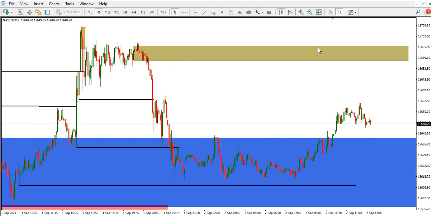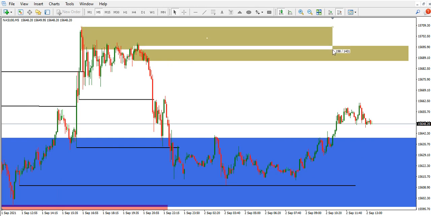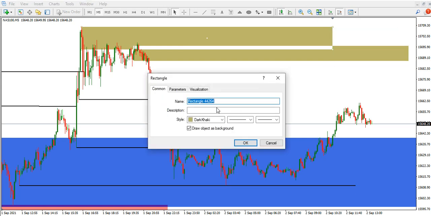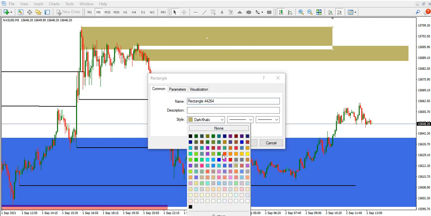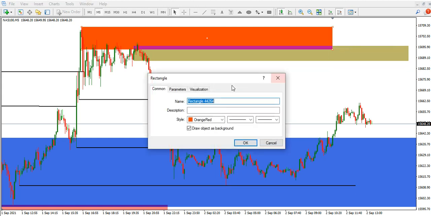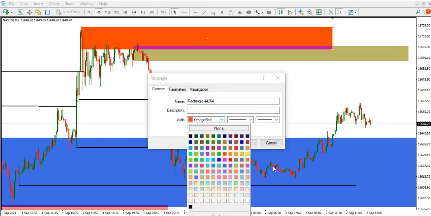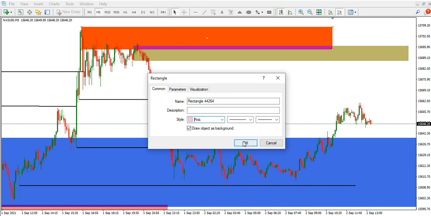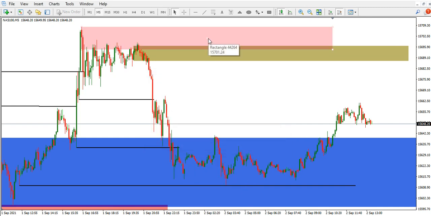So if ever we pull our rectangle further, okay, no, we have to change this one to orange red. Oops, it's red. We cannot see the bearish candles because of the pink. Yeah, it's fine, pink.